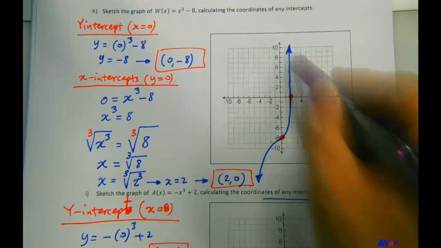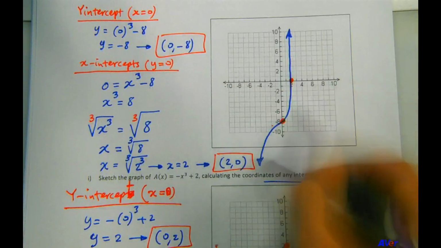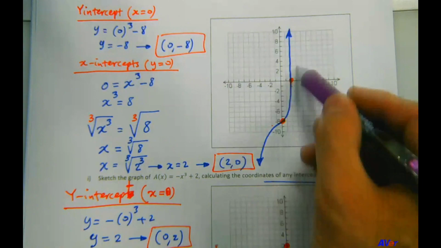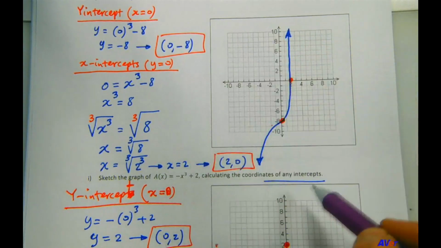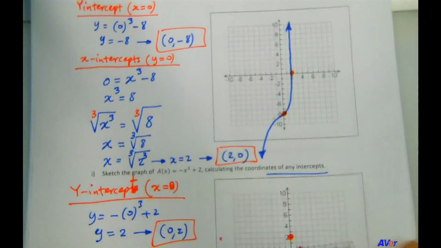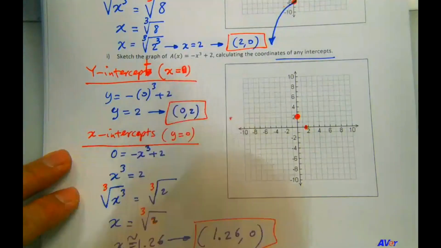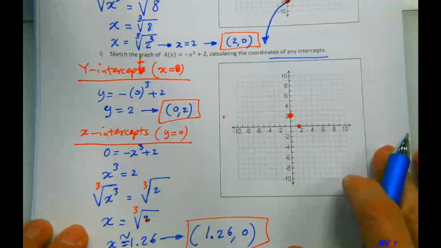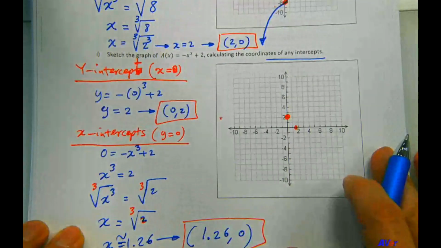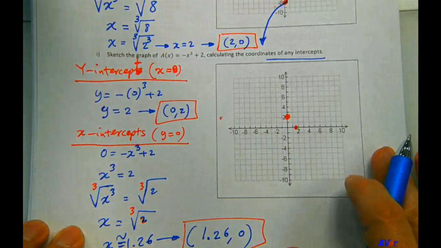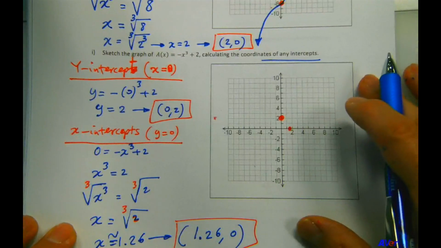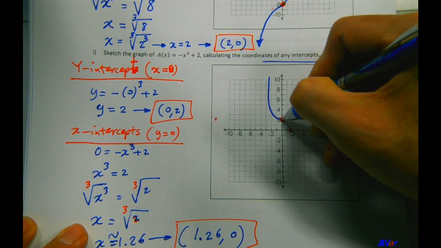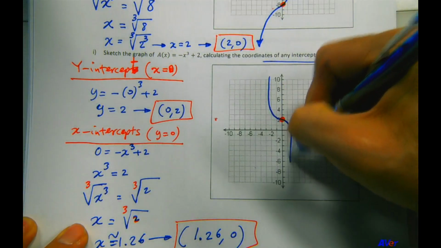So instead of going this way, instead of having this general form, it's going to go like that. Okay, because of this minus. So I'll try to do this as best as I can. Like that and like that.